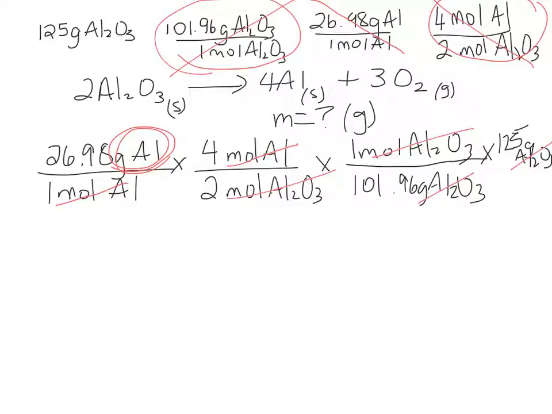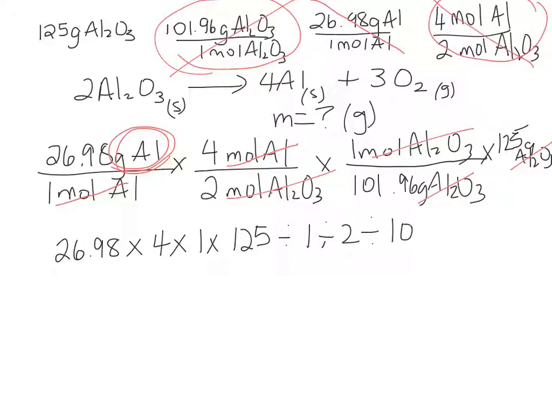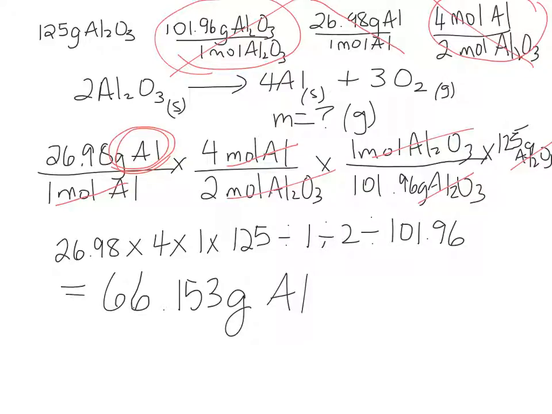So in your calculator, any number on top is multiplied, any number on the bottom is divided. So we get 66.153 grams.